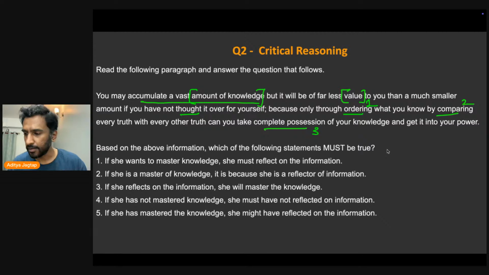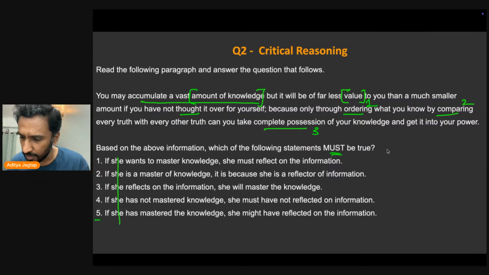It has to be true, right? This is what we're looking for: must be true. Each sentence could have something problematic which we are expected to identify and then mark a particular option as valid or invalid, right? So for the sake of explaining this, let's start with option 5.